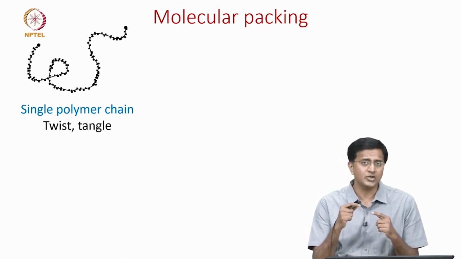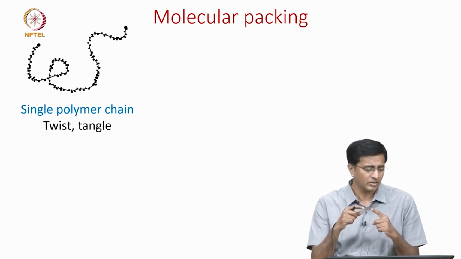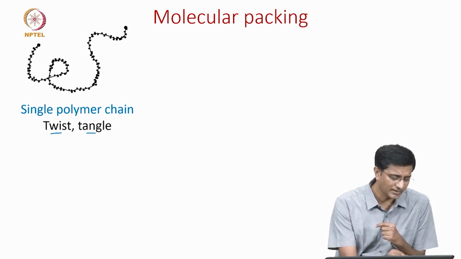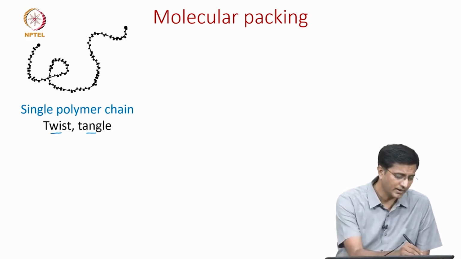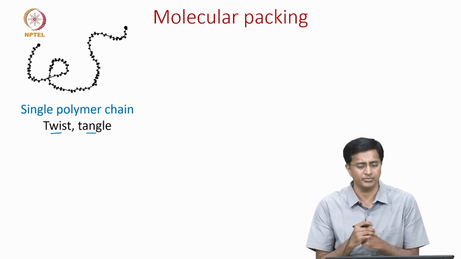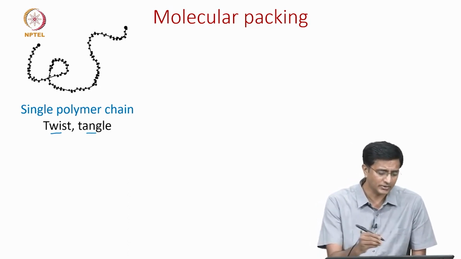But we have also looked at how between these carbon atoms there is a revolution joint, because of which the polymer chain twists and tangles, like this is a tangle, and it takes a very arbitrary shape.